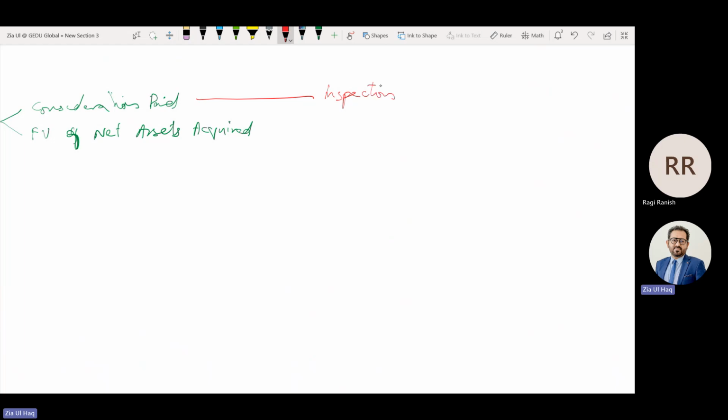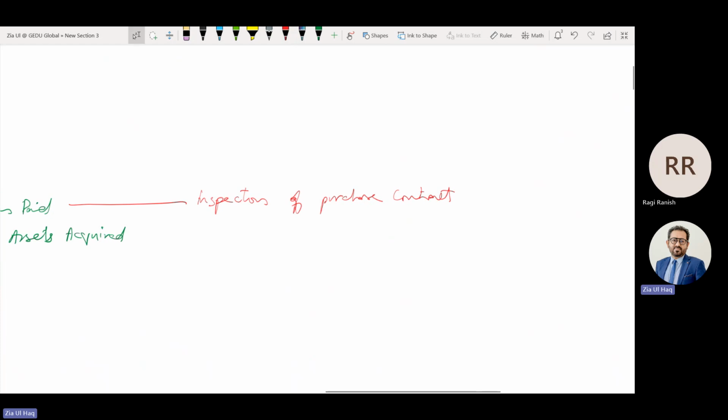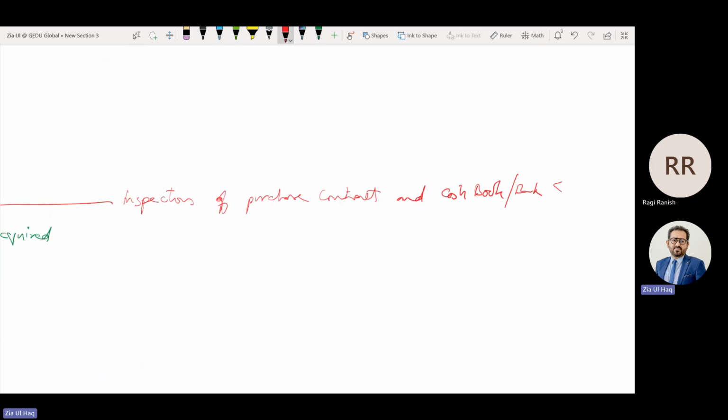Inspection of the purchase contract, from where we'll be able to verify the amount, whether it is fully paid, or whether there is any contingent consideration, and how much is the amount they agreed. And the cash book and bank statement, from where we can see they have paid that amount. If they haven't paid the amount completely, this means there is contingent consideration involved as well.